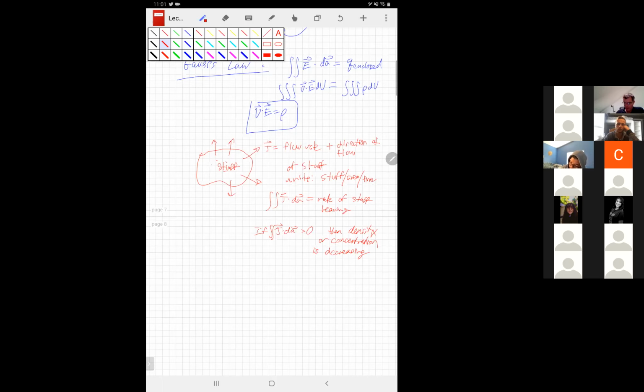And so we can relate this integral to an integral of density or concentration, which is what you do on the next problem set. And then we could use the divergence theorem to get a differential equation. And that's what you're going to do on the next problem set. This is where the divergence theorem is used the most in derivations.